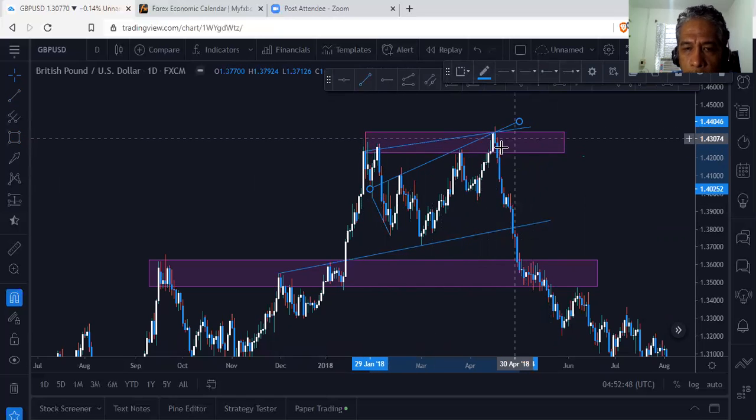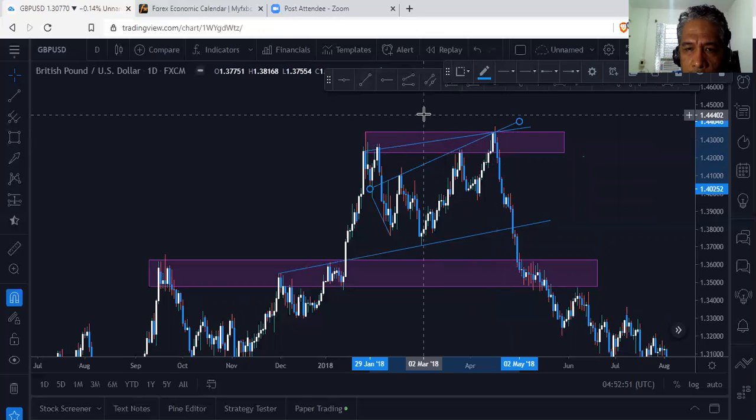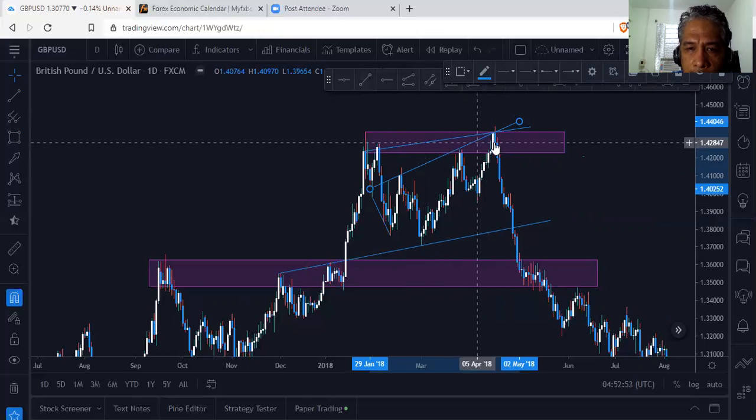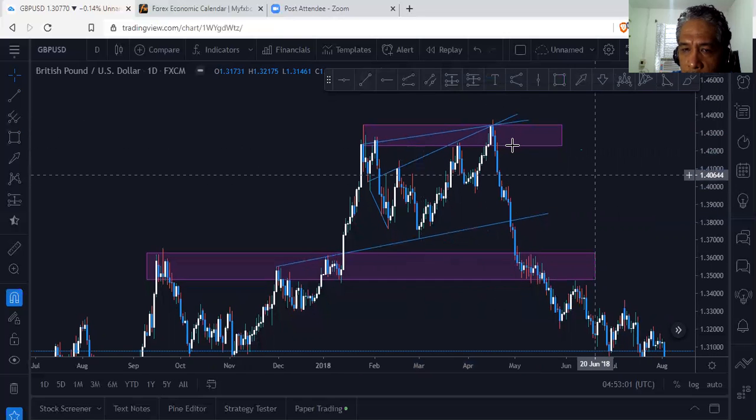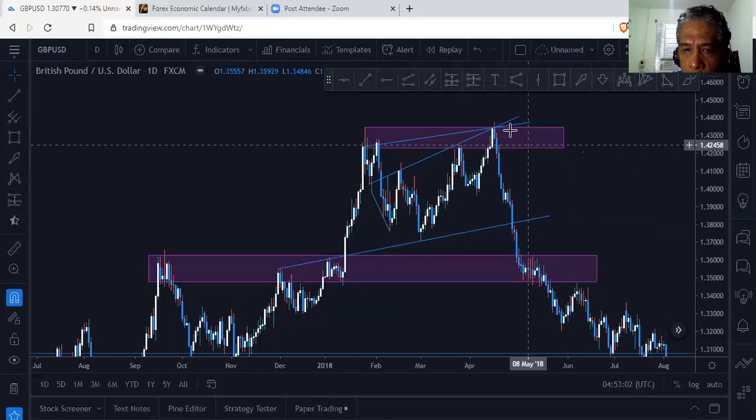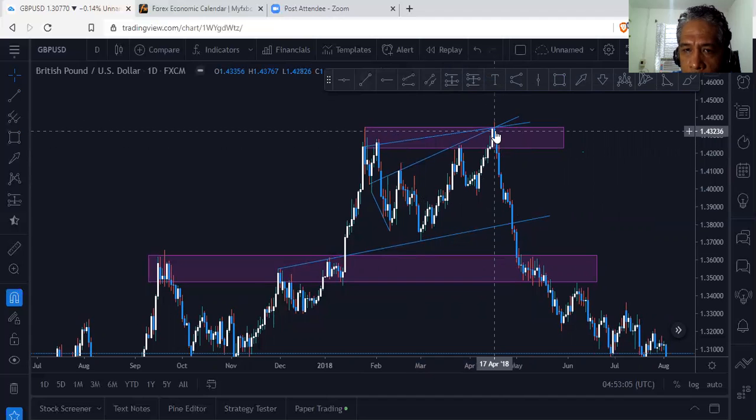So you can see it here that there is a harami, right? This is not a harami, but this is a dark cloud cover. So dark cloud cover candlestick formation, where the next candle is closing 50% of the previous candle.